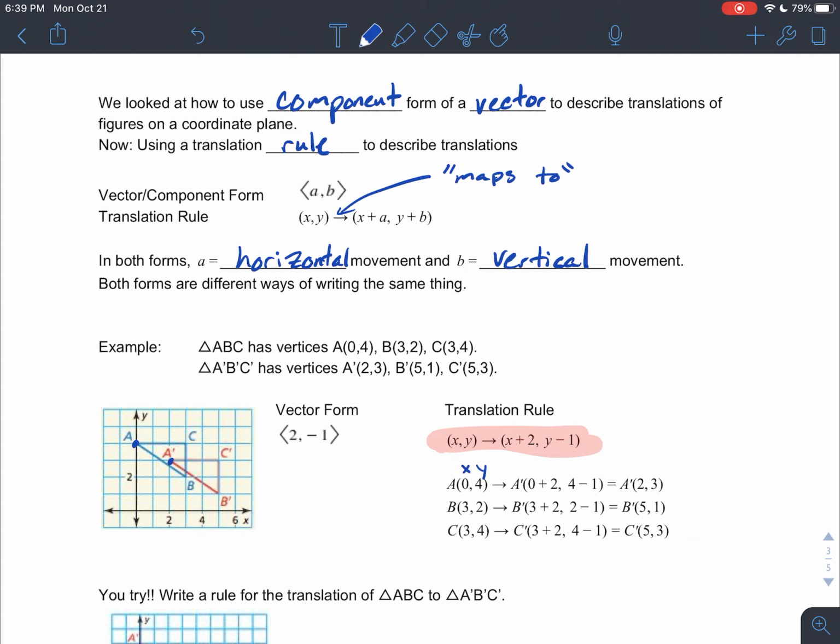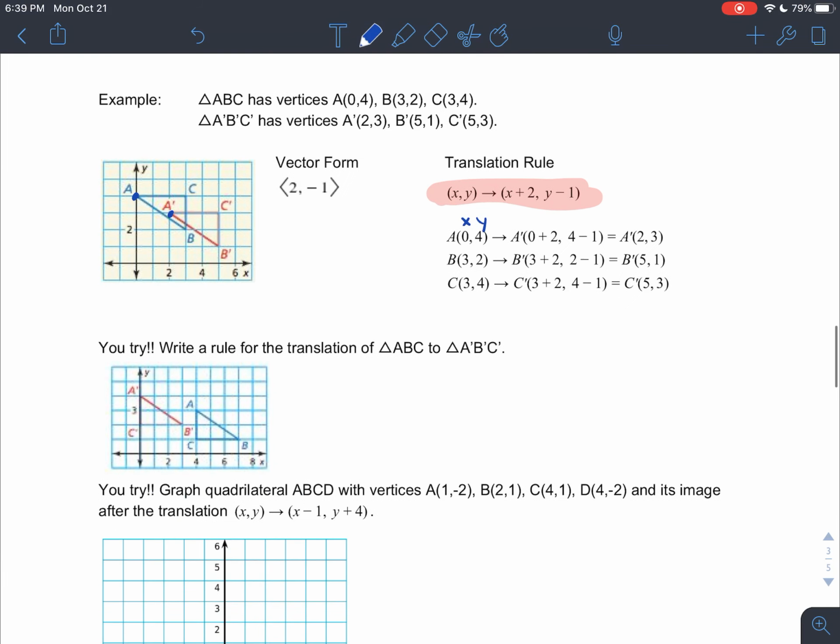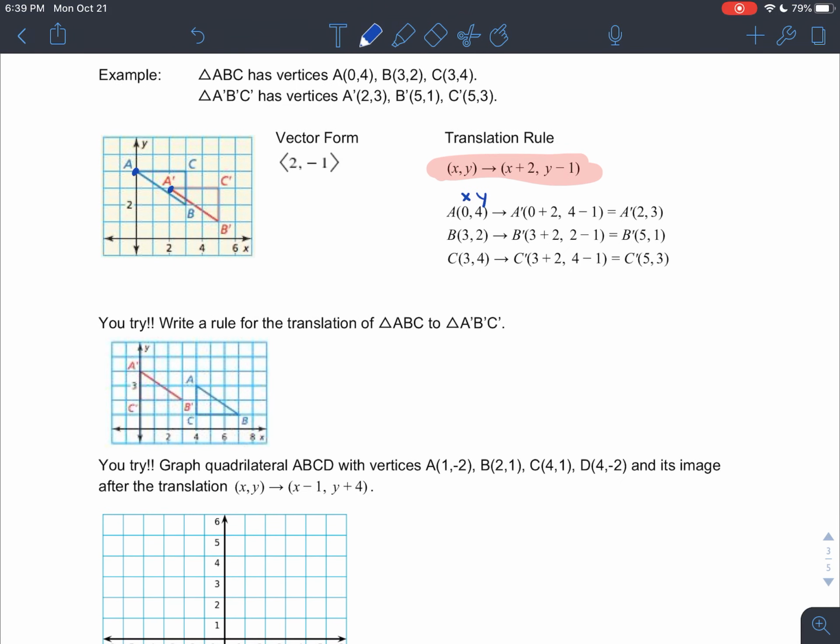So A prime is at the point 2, 3. And that's how you use the translation rule. If you know what a and b are, the horizontal and vertical movements, you plug each point in, and it's going to tell you the coordinates of your new point without even having to graph it.